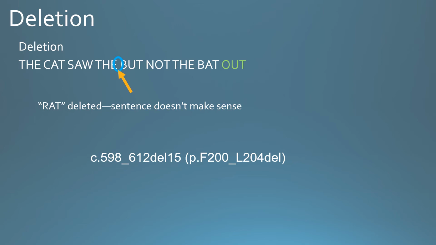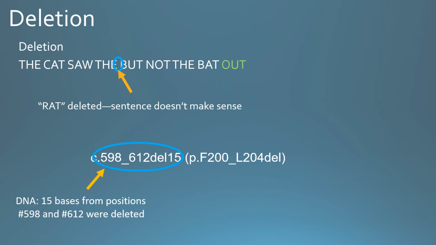So the way that a deletion is reported in a DNA analysis is shown at the bottom. In this example, we have the deletion of 15 base pairs, and this would be starting with base number 598 through 612. Normally, if only 1 or 2 bases are deleted, you would write out what the bases are, like del A or del AC.